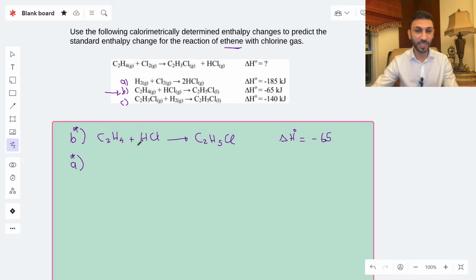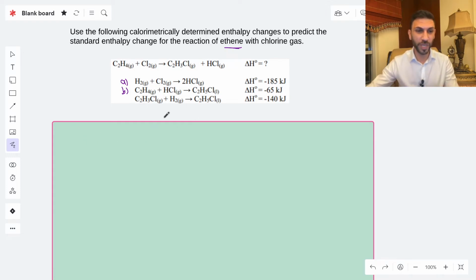Well, actually, in this case, before we rearrange, we need to take a look at those. We have 2 HCl here, and we have 1 HCl here, and we have C2H4 here. So I don't need to do anything. If you add these two reactions, one of the HCl will be removed, as you can see. So the only trick now is reaction C.